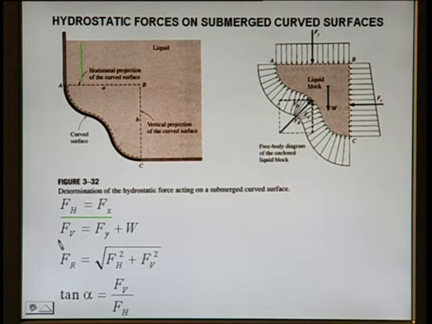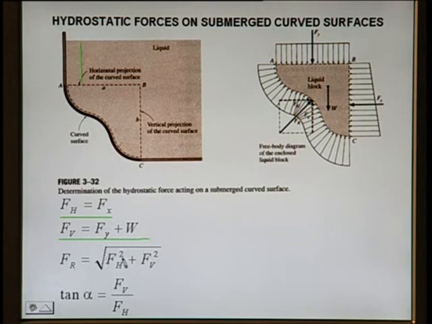So the vertical force Fv is equal to Fy plus the weight of the liquid. By using this concept we can find the horizontal and vertical components of force on the curved surface. Fy plus W is a vectorial summation, and we can get the resultant force with a simple principle.